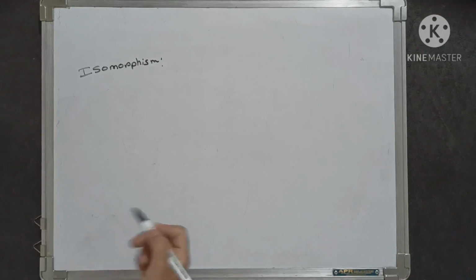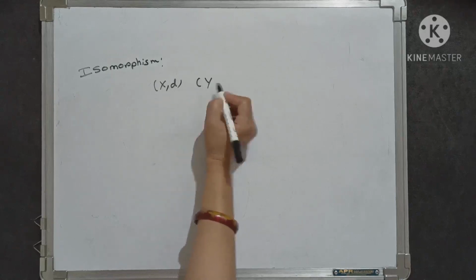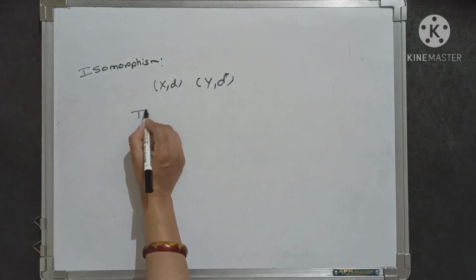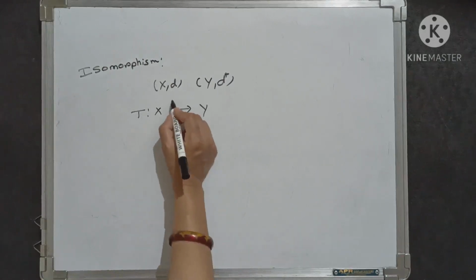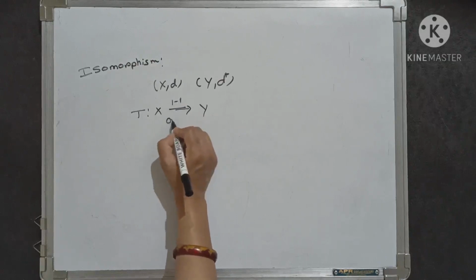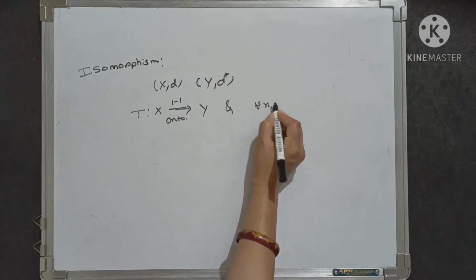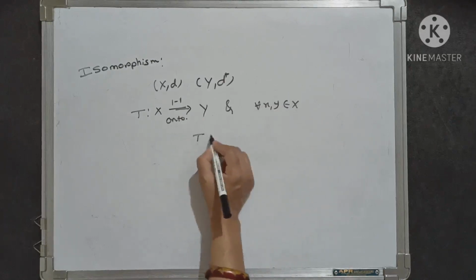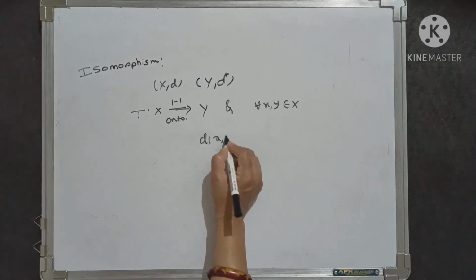For example, here we have the metric space (X, d), that is a metric space, and (Y, d*), this is another metric space, and T is a mapping from X to Y, such that T is both one-to-one and for all x, y belonging to capital X, d of x, y.